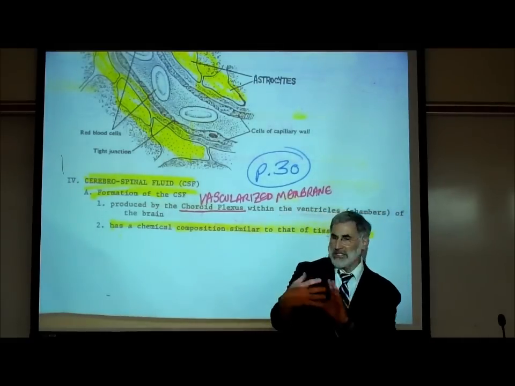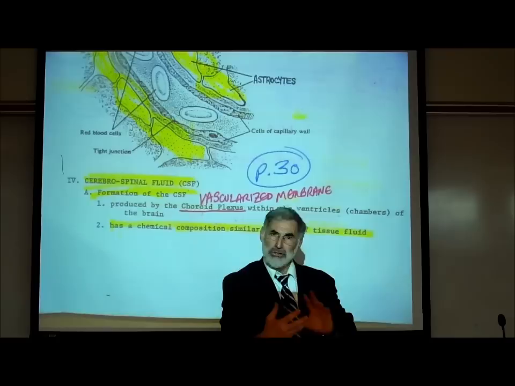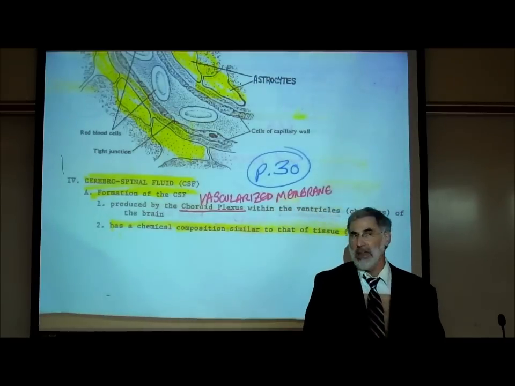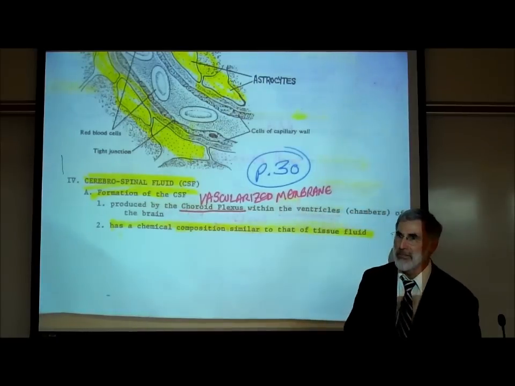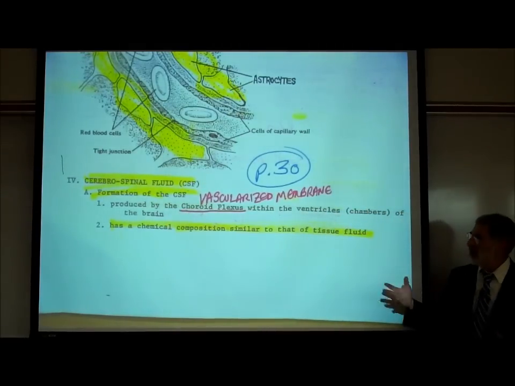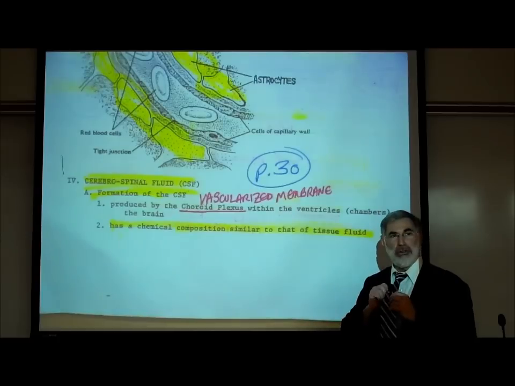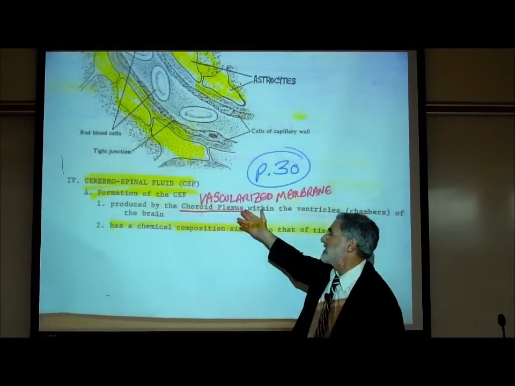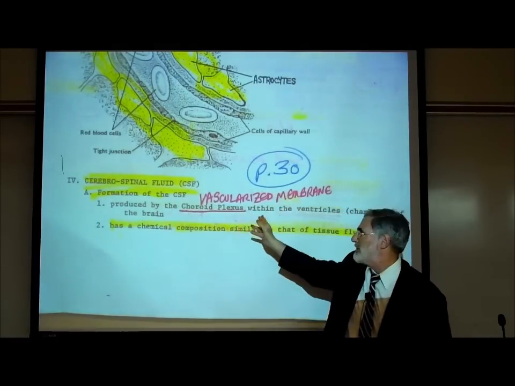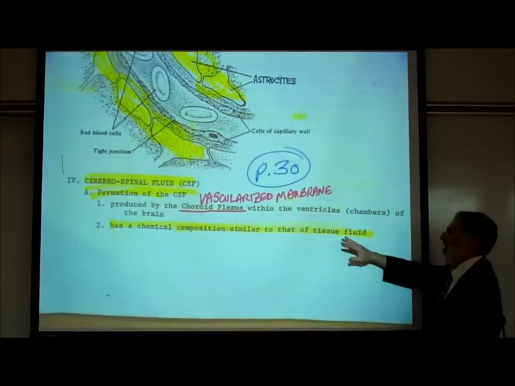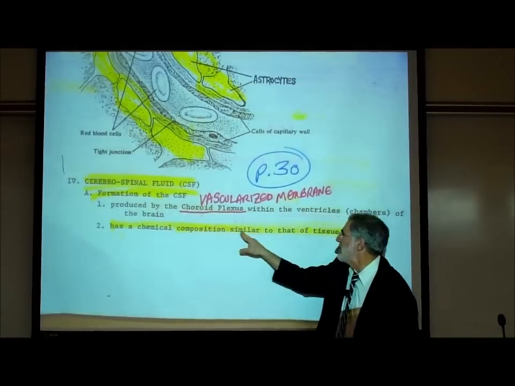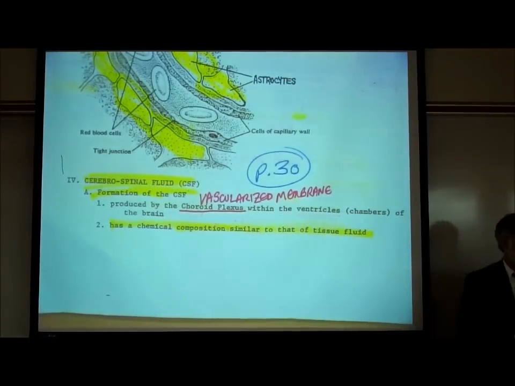And that fluid is located in the space between two articulating bones, like at your knee joint, and that allows movement because there's just fluid between the bones. So similarly, there's this cerebrospinal fluid formed by a vascularized membrane, not called the synovial membrane, but called the choroid plexus.